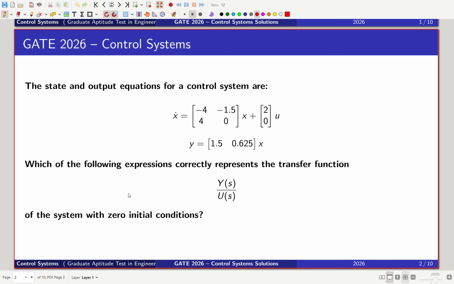The question is: state an output equation for the control system, given x dot is equal to Ax plus Bu and y is equal to Cx.